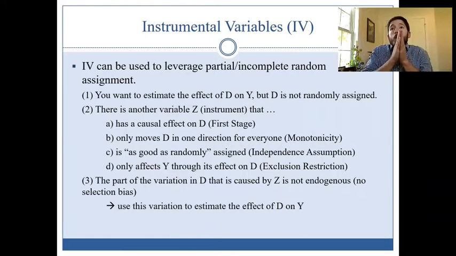That part, we're basically going to be able to get a nice estimate of the effect of the treatment on the Y from just that piece of the variation that's explicitly driven by the instrument. Okay, and so that might be a little bit vague at this point, but we're going to use an example to try to give a little bit more concrete understanding to what I mean when I say that.